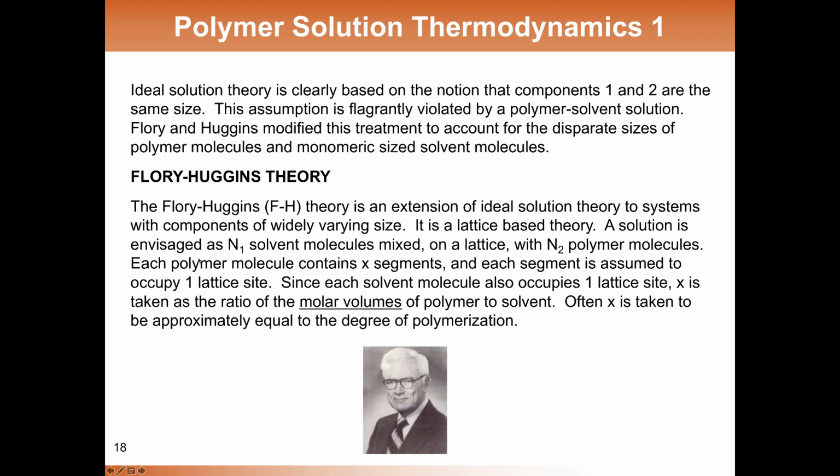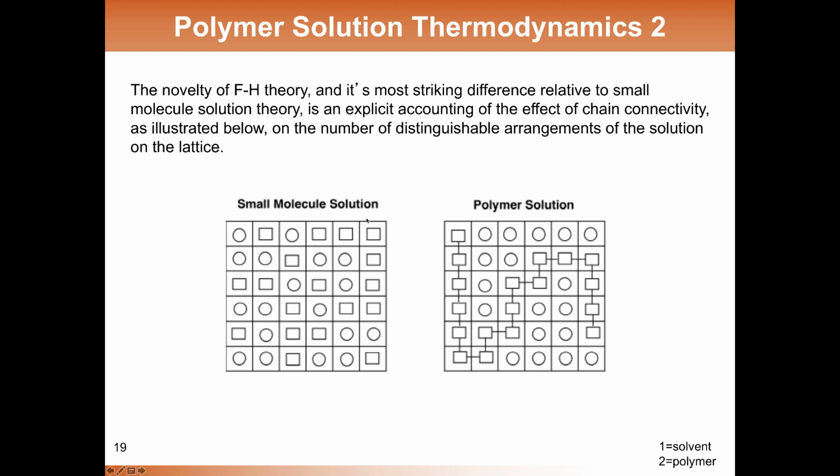So on this lattice there are N1 sites for solvent and X times N2 sites for polymer. And throughout the rest of this discussion, component 1 is always going to be solvent. Component 2 will always be polymer. And if we now look at the lattice, one that's similar to the one I showed earlier, except now we're dealing with circles and squares rather than black and white circles to represent the different molecules.